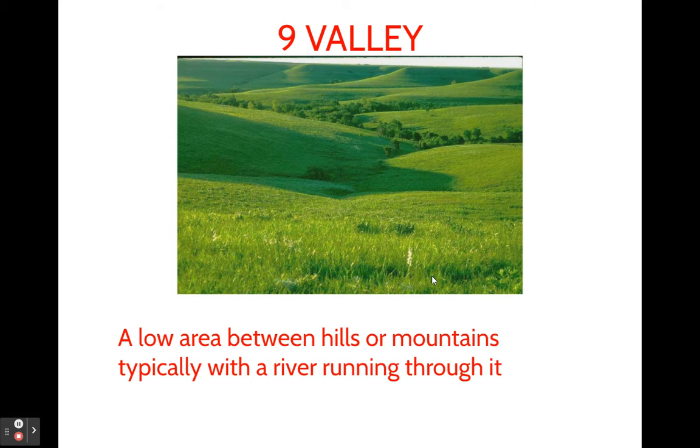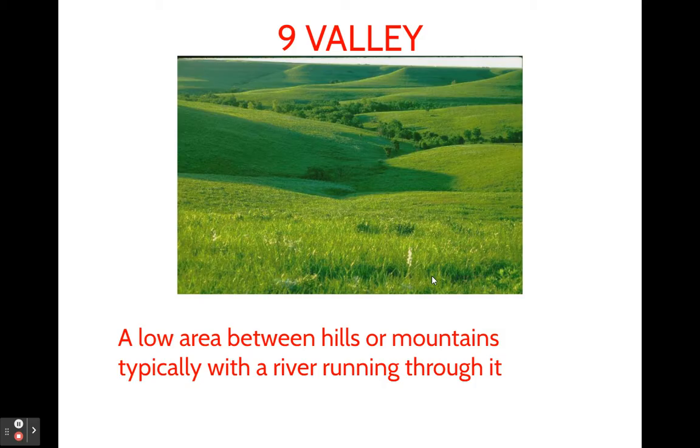9 is a valley. I always think of Hidden Valley Ranch. If you ever look on the bottle, right, it kind of looks like a fun little place to live. And a valley is a low area between hills or mountains, and it typically also has a river running through it. And that river is typically as a result of the hills or the mountains that have water runoff, and they collect in one area.